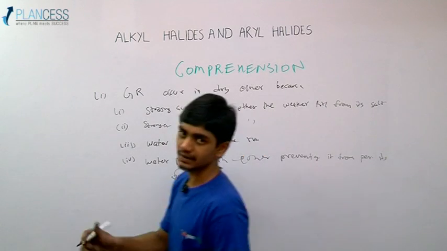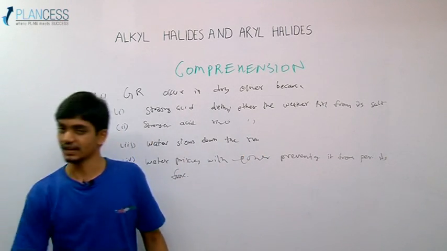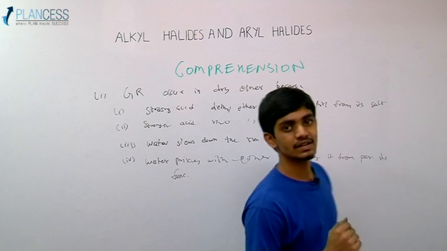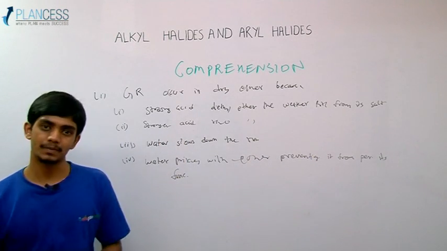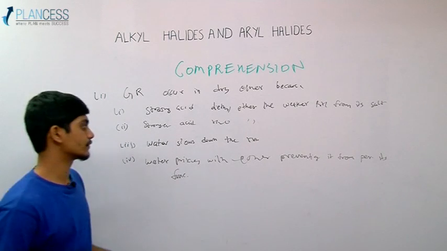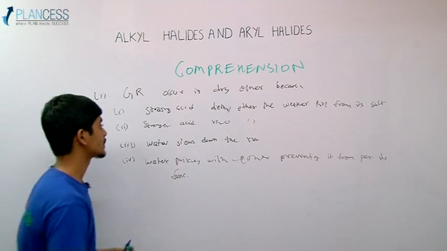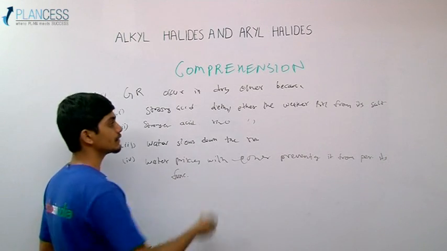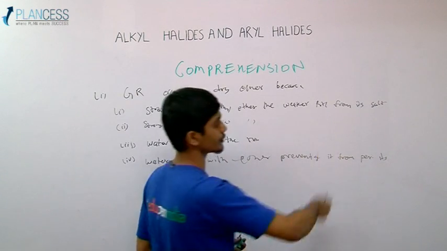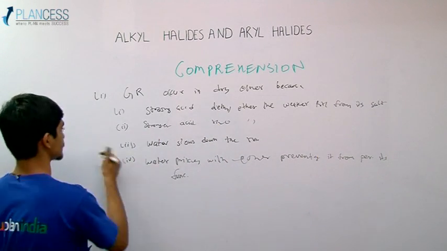Now, why do you think the Grignard reagent occurs in dry ether? We have discussed this and we came to the conclusion that if we use H2O, then the Grignard reagent will be destroyed. Or in other words, the stronger acid H2O acts as an acid and will displace the weaker RH from its salt.